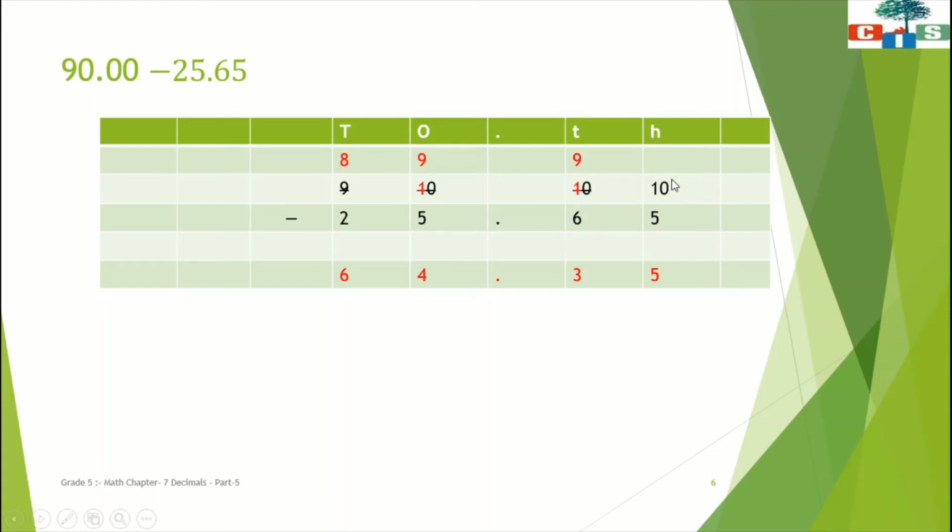Okay, now again here we have 0 at hundredths place. Now we can easily borrow from tenths place, because now at tenths place we have 10. Okay, so when I borrow from 10, this 10 will be reduced by one and it will become 9, and the digit that is at hundredths place, which is 0, will become 10.